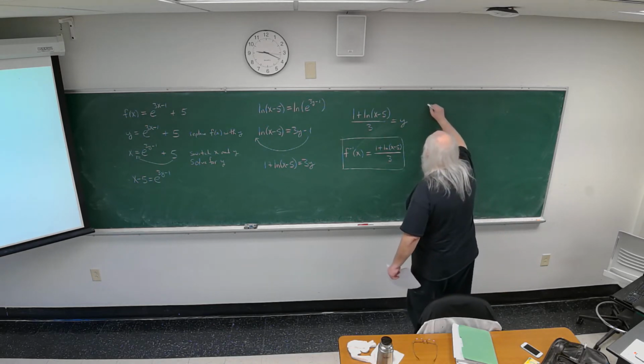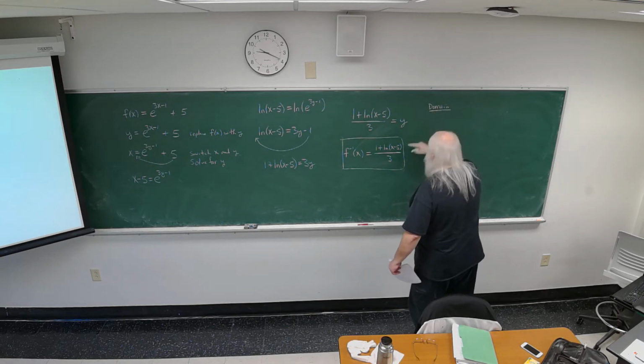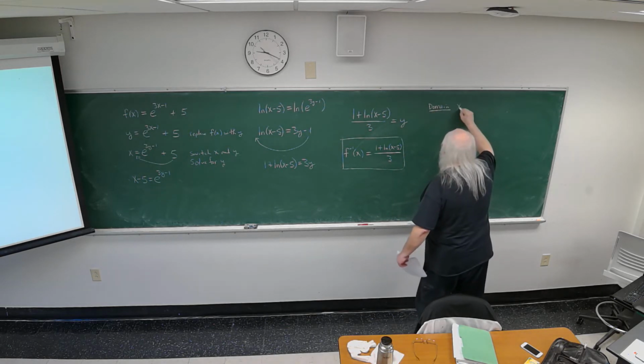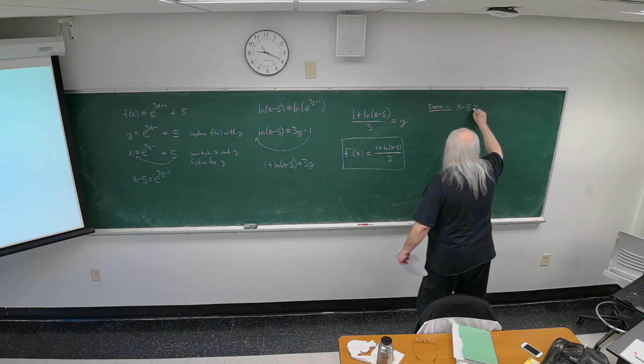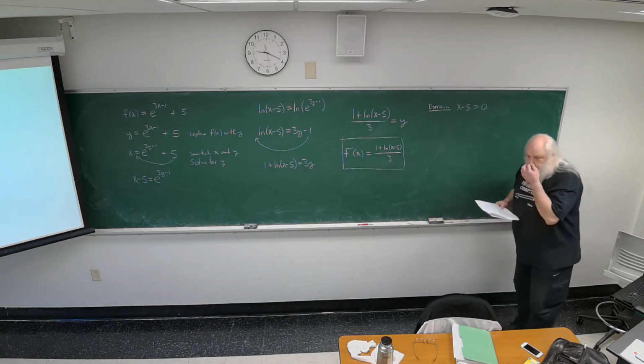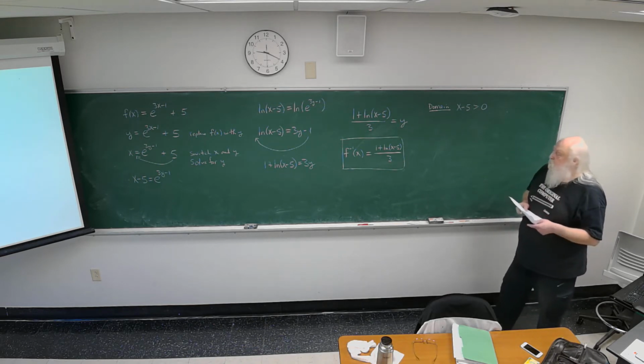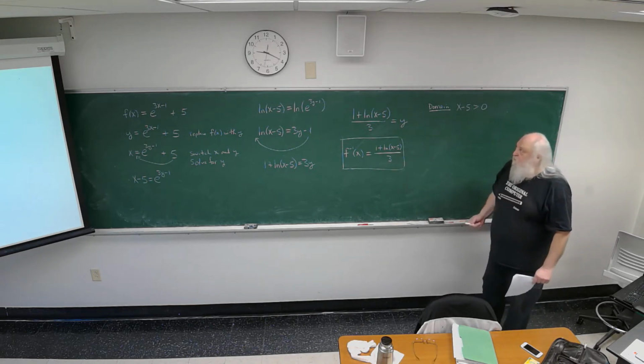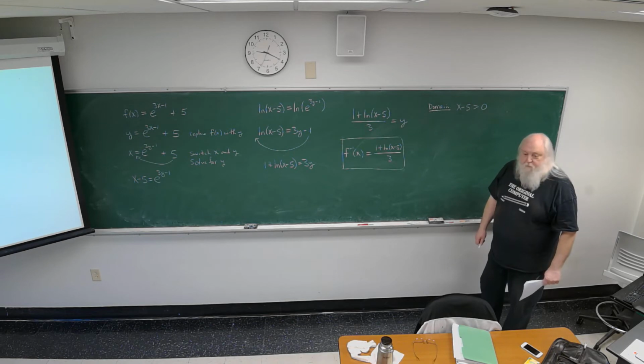So to find the domain, we set the argument x minus 5 strictly greater than 0. The argument going into the natural log function has to be positive. Can't be 0 or negative.